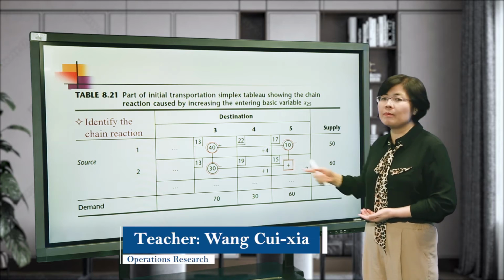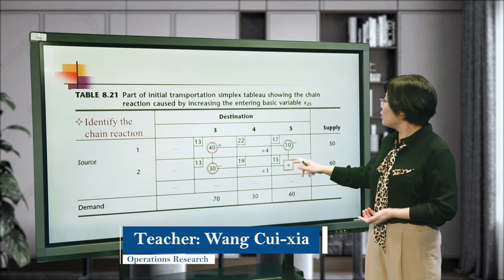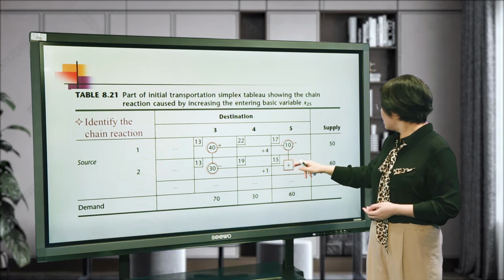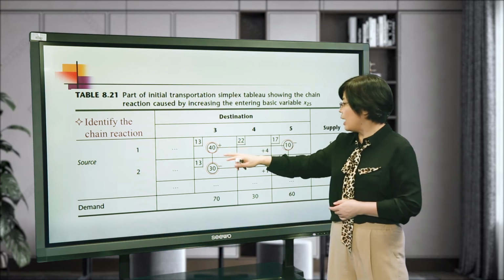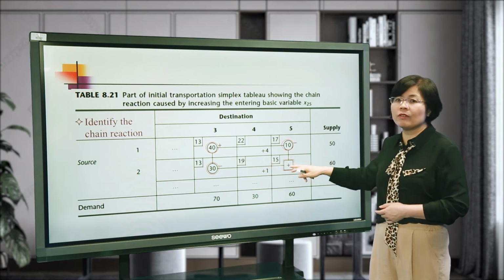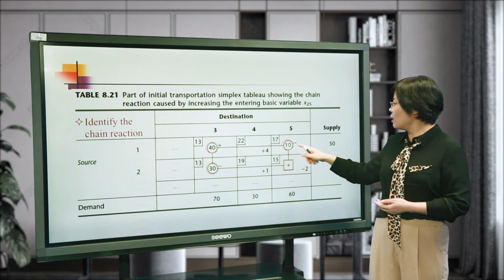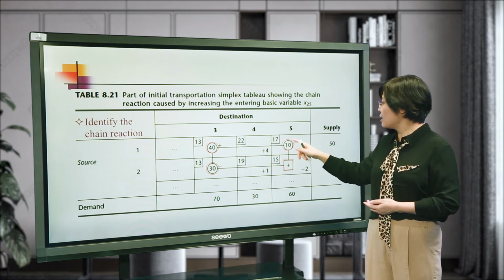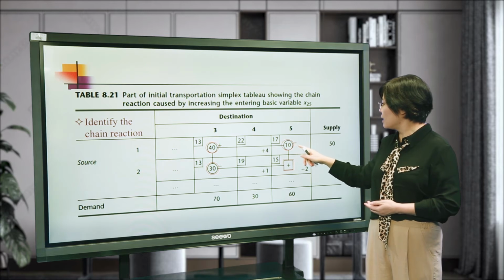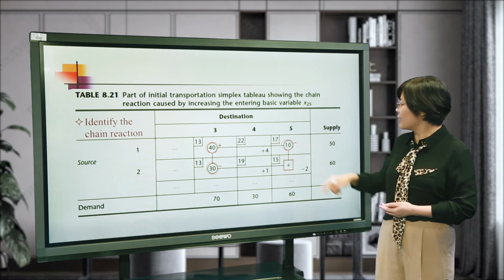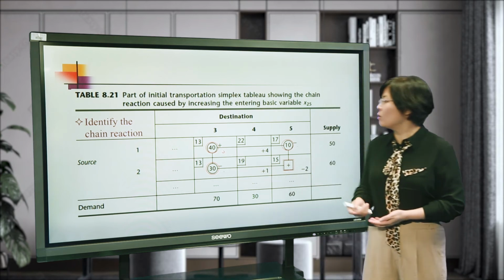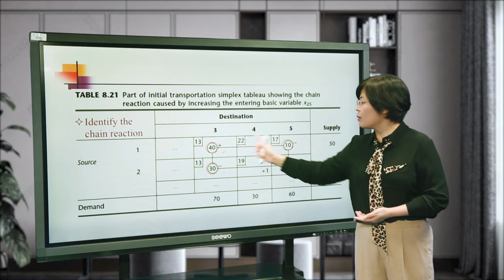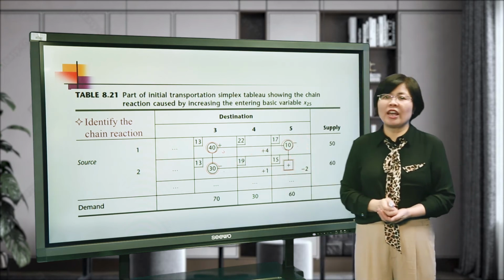To maintain the balance when increasing the allocation of x25, it needs to decrease the amount in this place, and this one increases, that one decreases. So we get this chain reaction.